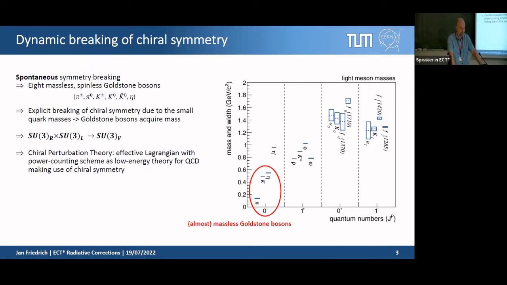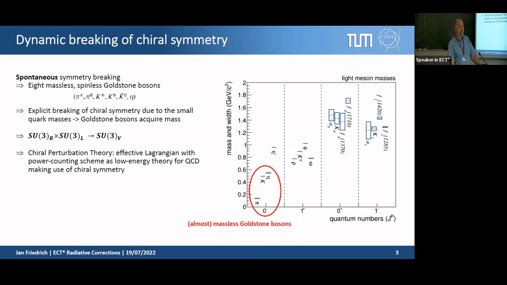At SU(3), including strangeness, these are the pions, the kaons, and the eta. They are not massless, of course, because the symmetry is explicitly broken by the quark masses. In addition, the symmetry breaks down to its vectorial part, the symmetric part between left and right-handed, and not the anti-symmetric one. That is why it is 8 Goldstone bosons and not 9.